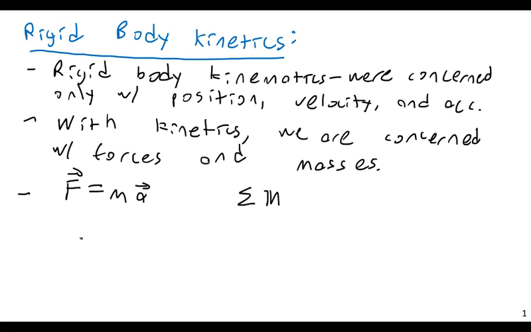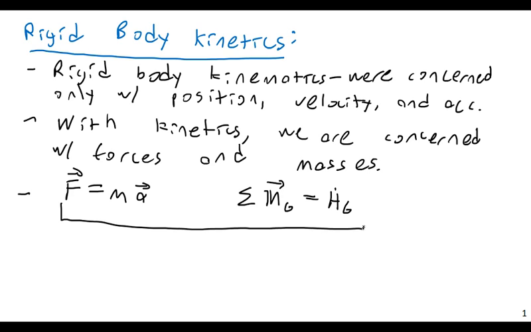We last used these when we were working with a system of particles. So we could say the sum of moments about G, where G is the center of gravity, is equal to H dot G, where this is the rate of change in angular momentum. All right, so these are going to be our guiding equations as we move through this lesson.